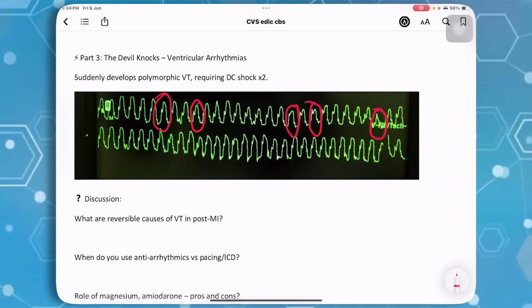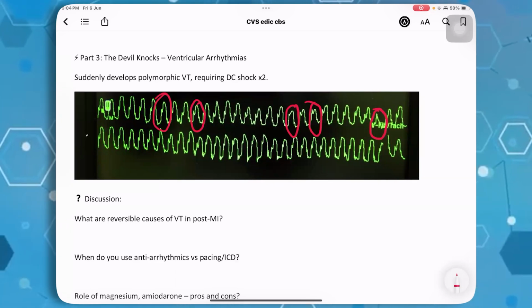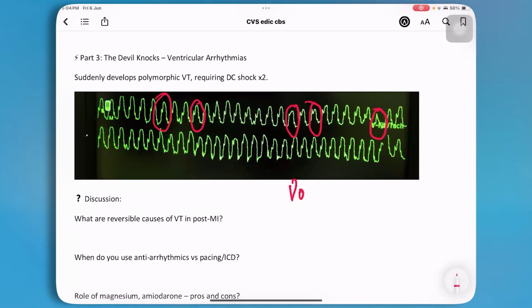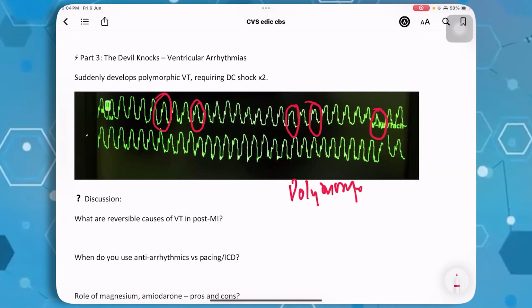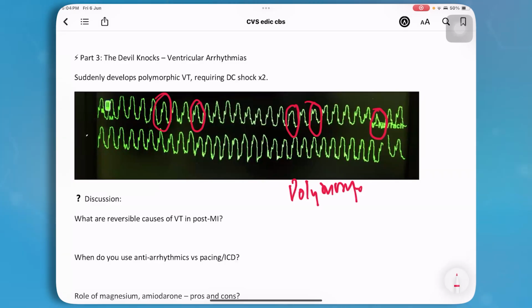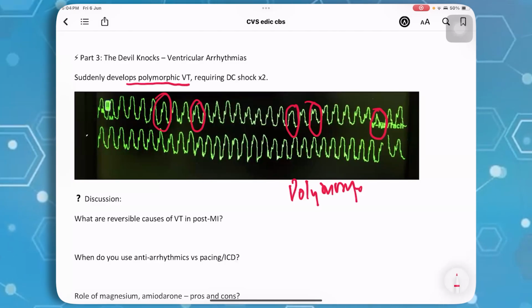So this is polymorphic ventricular tachycardia. If you look closely enough, you will see that the morphology is changing. Not as fast, but it is changing. So this patient develops polymorphic VT.